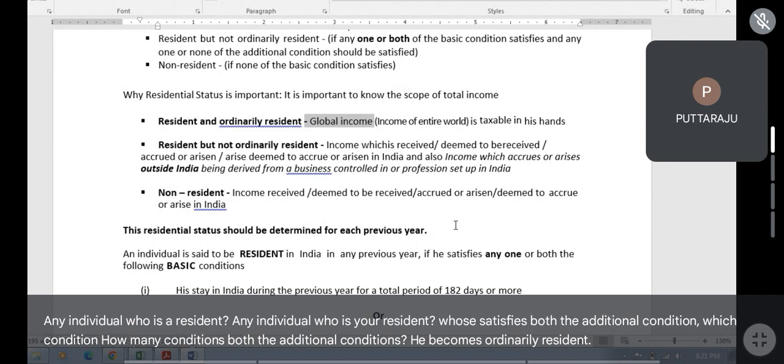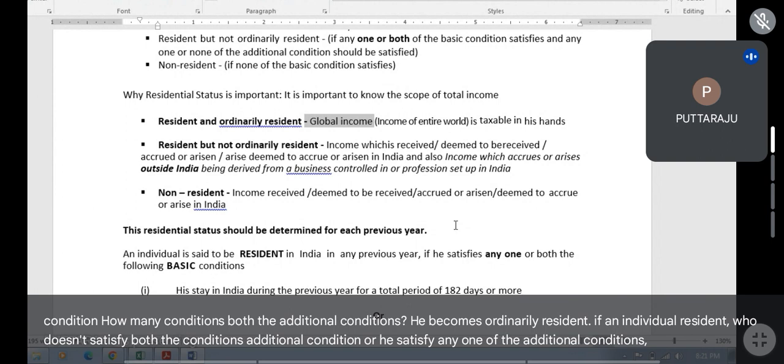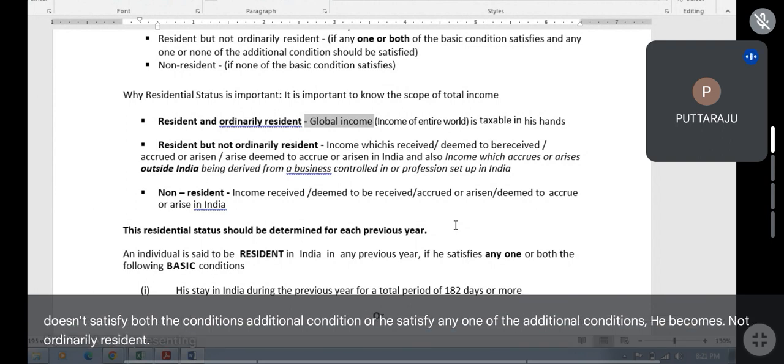If an individual resident doesn't satisfy both the additional conditions, or satisfies any one of the additional conditions, he becomes not ordinarily resident. Can you guys repeat what I told?